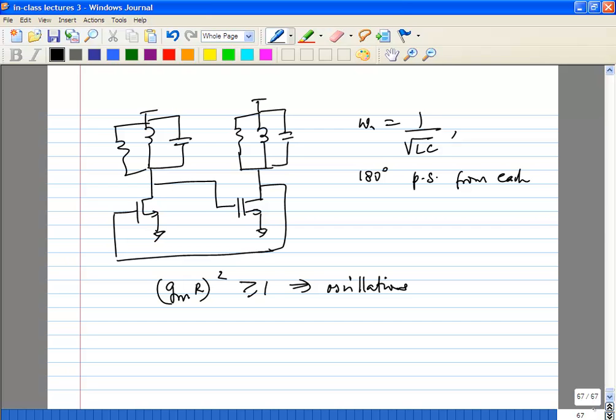Now you can redraw this into the more traditional form.